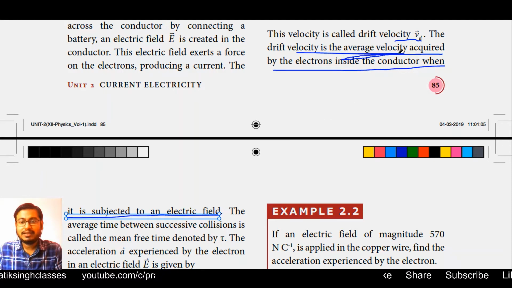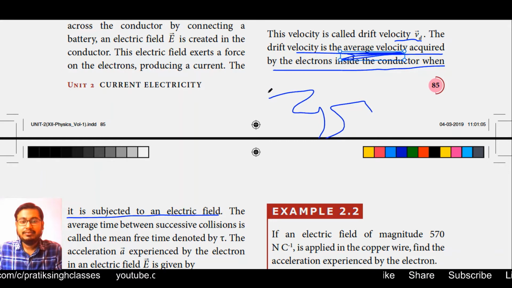As we have seen in our previous figure, when the charges move in a zigzag path, from here to here it has moved, suppose x dash distance in t dash time. Again it has changed its direction, that means its velocity has changed, so its velocity is changing with respect to time. So the term average velocity was taken here. So this is all about drift velocity.